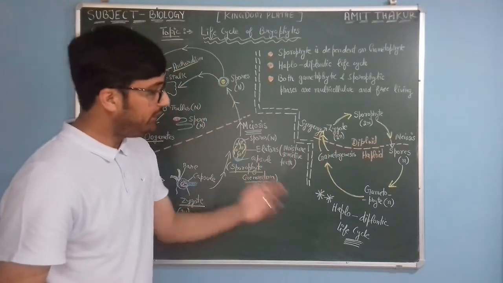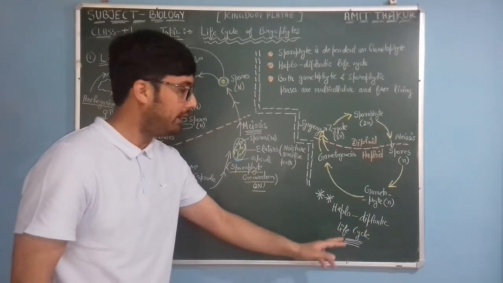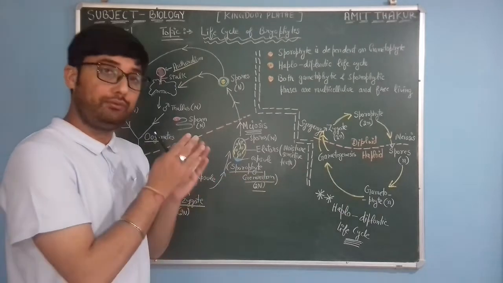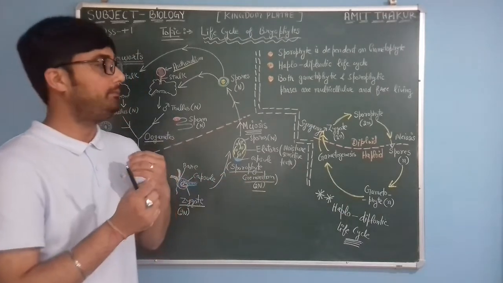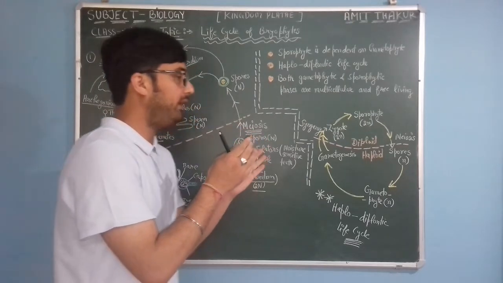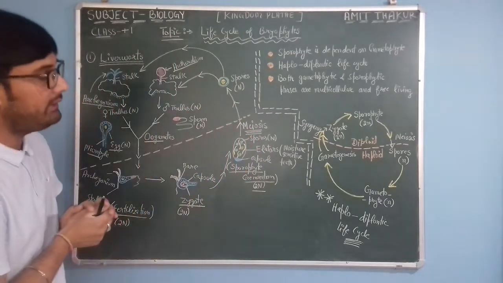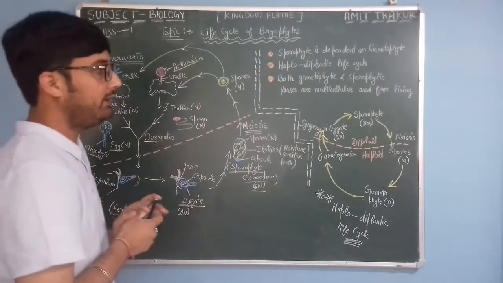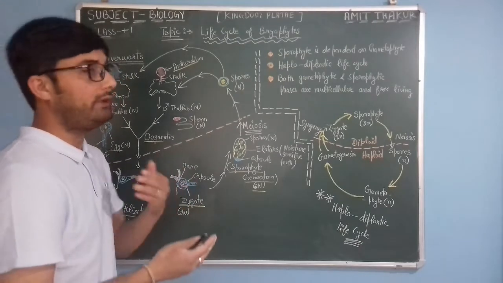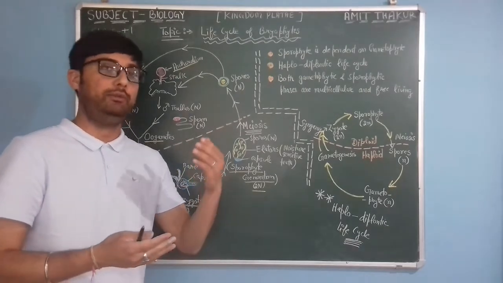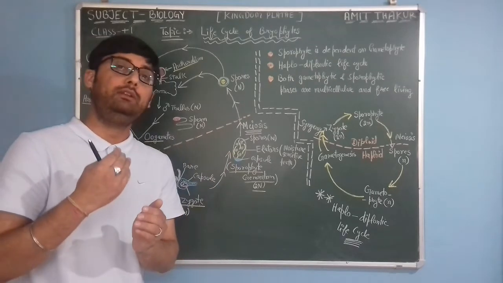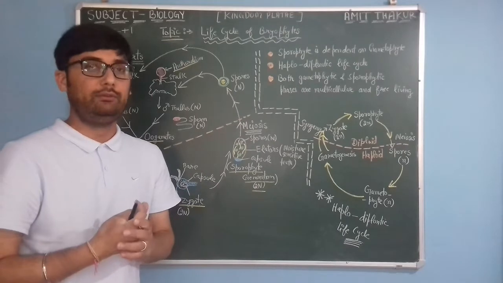That's why we write haplodiplontic life cycle, because both haploid and diploid phases are free living, and they form a very prominent importance in the life cycle of the bryophytes. No doubt, the gametophytic phase is dominant, and the sporophytic phase is dependent on the gametophytic phase for stability and for water.